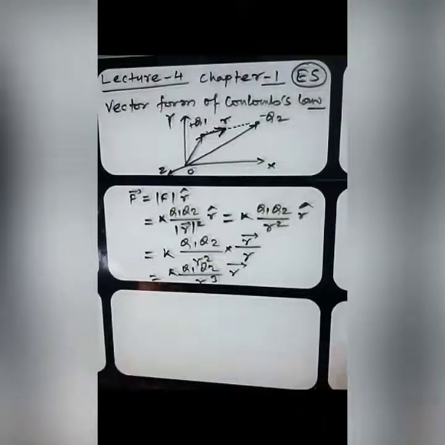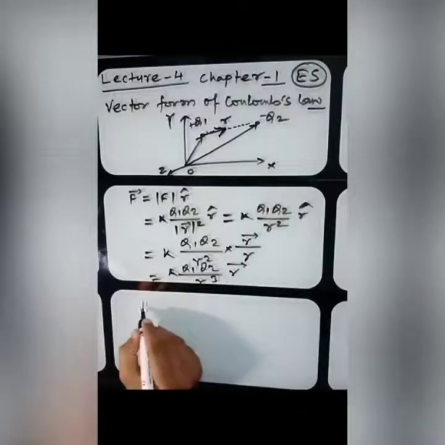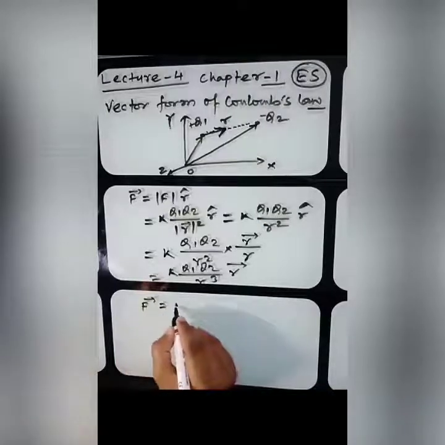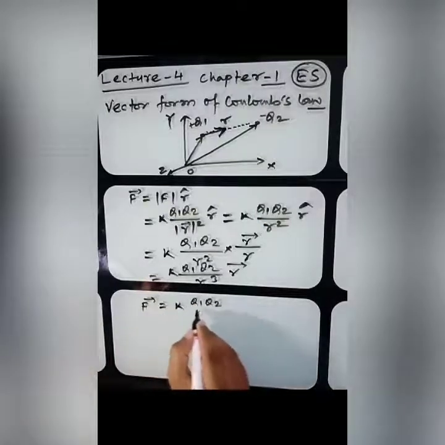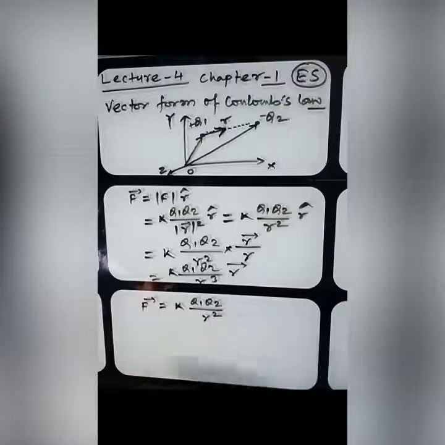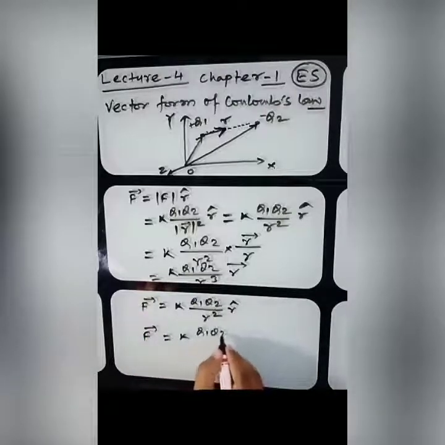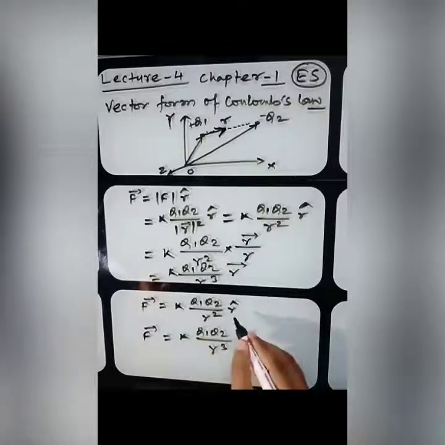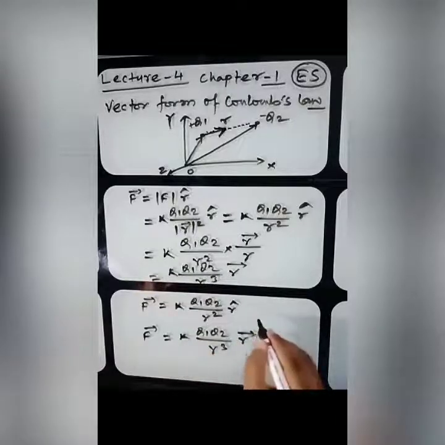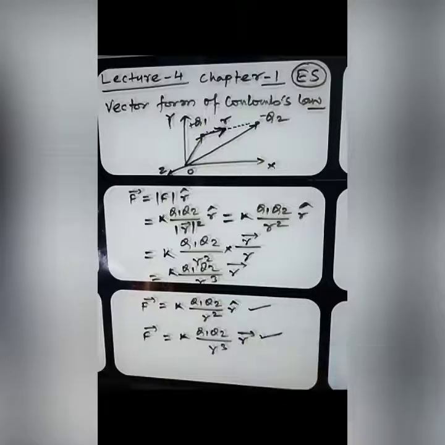Remember students, if you are writing r square, then you have to put r cap. Otherwise, if you are writing K Q1 Q2 by r cube, then you have to put vector r. Both are very important, and there is a very small difference between these two equations. Both are the same equation.